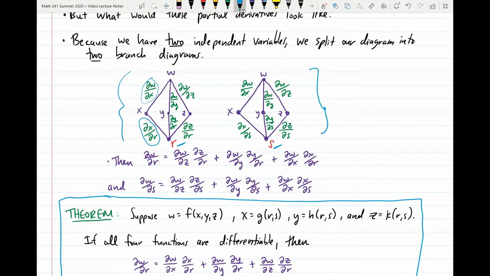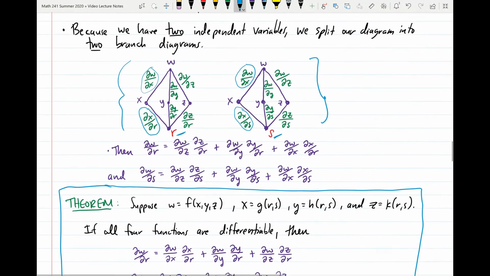And a similar thing will happen for the branch diagram corresponding to the independent variable s. We have partial w with respect to x, and then now down here we have partial x with respect to s. And the same or analogous things will happen with the variables y and z and the derivatives that are connecting the different variables.